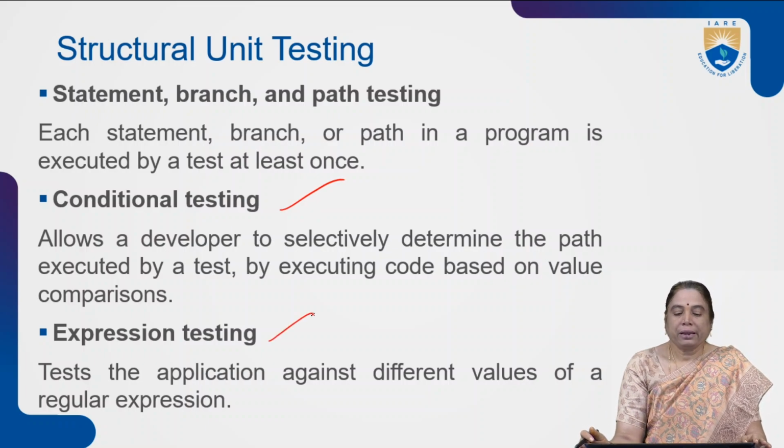In case of statement, branch and path testing, each and every independent path from the start of the program to the end of the program, the flow of independent paths is considered. Not only that, the branch statements, looping structures, conditional structures are considered in case of structural unit testing.